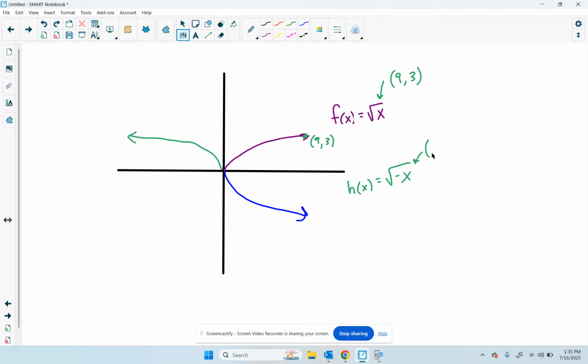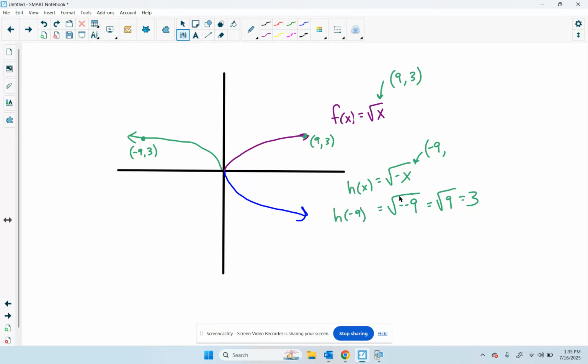But I can plug in negative 9 here, right? If I did that, h of negative 9, then I would have the square root of negative negative 9, which is the square root of positive 9, which is 3. So this graph goes to the point negative 9, 3. So you can have a negative in the square root. The only thing you have to worry about is that it will affect your domain.